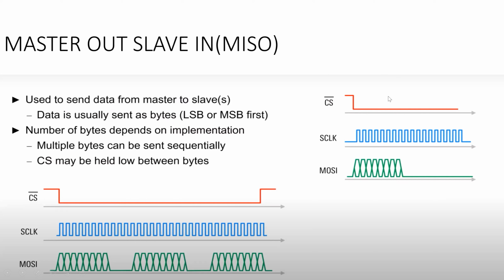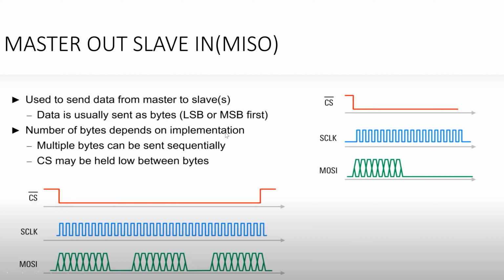So the slave will come in contact with the master, and the master will also transfer the clock. Through the MOSI line, master out slave in, the data will be transferred to that particular slave, right? Hope you understand this point, right?